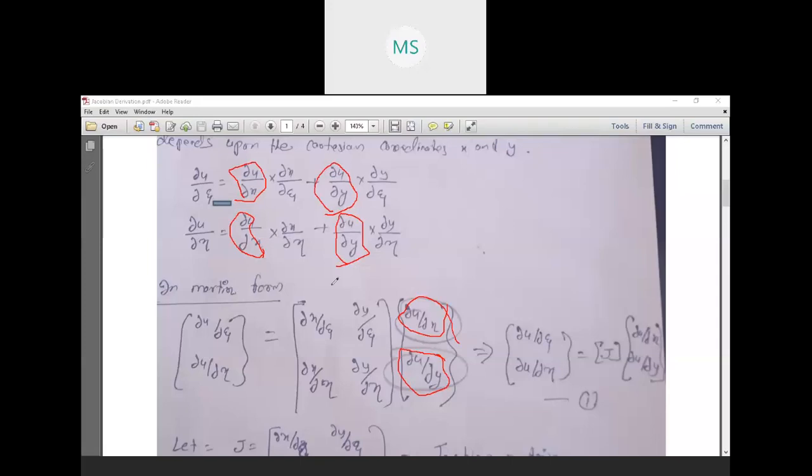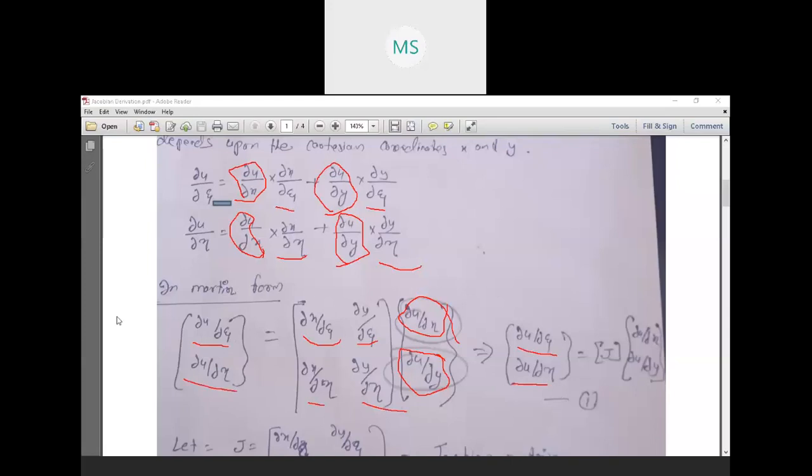We have to write here: ∂x/∂ξ, that is this one. ∂y/∂ξ, that is this one. ∂x/∂η, that is this one. And ∂y/∂η, that is this one. So once we take these two common, we are left with one matrix, which is nothing but ∂u/∂ξ and ∂u/∂η.